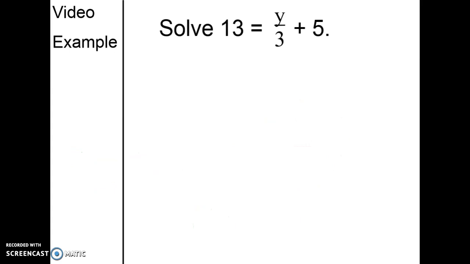So in this example, we have 13 equals y divided by 3 plus 5, which seems a little bit different with this y divided by 3, but we're going to start out the same by drawing our line underneath the equal sign. And I'm going to subtract 5 on both sides to start off. 13 minus 5, that would give us an 8.